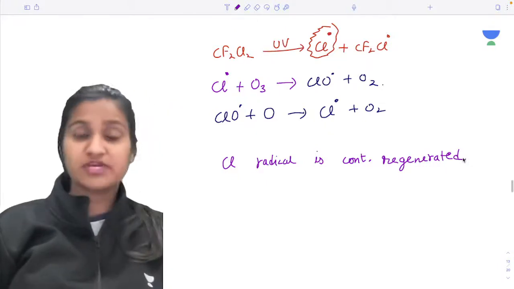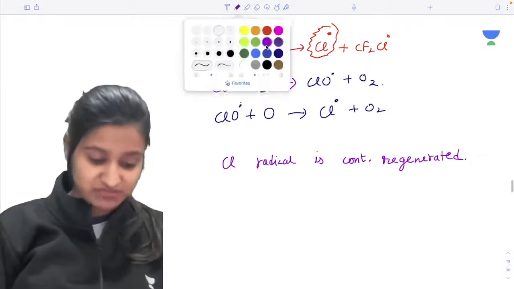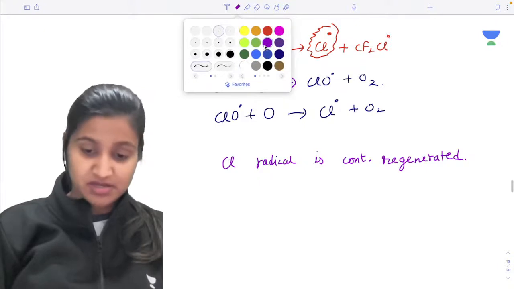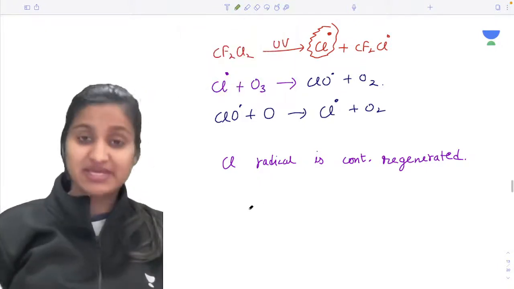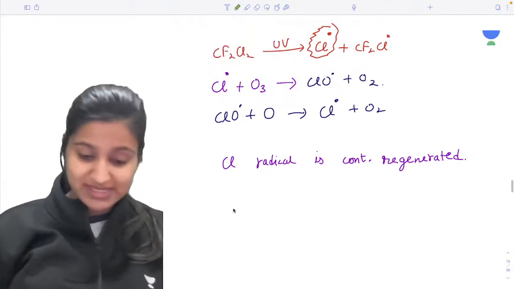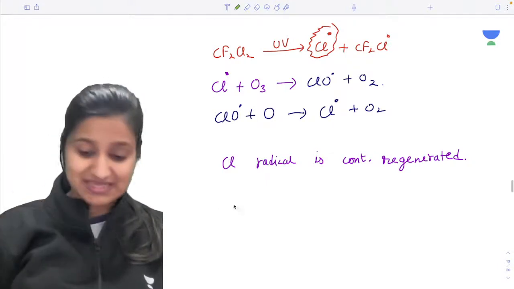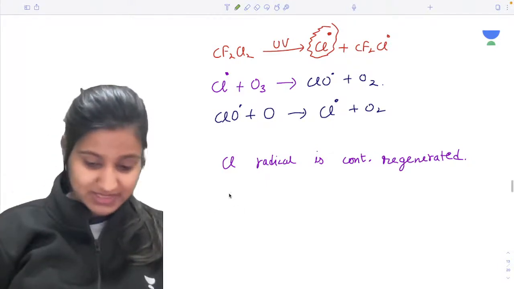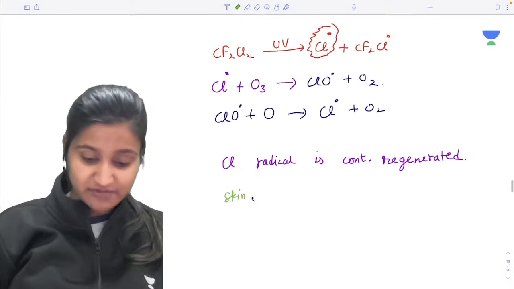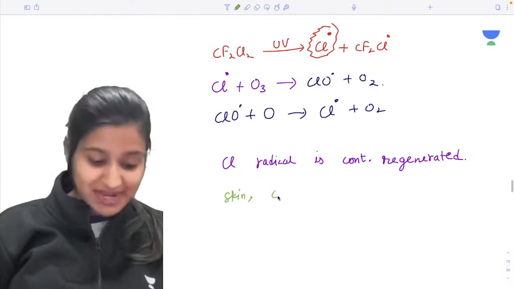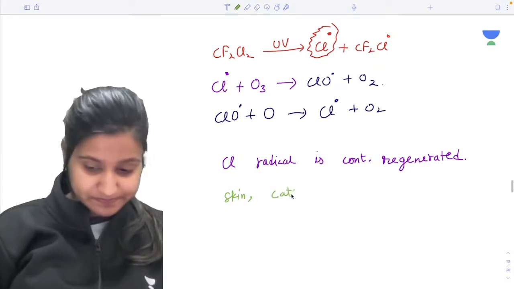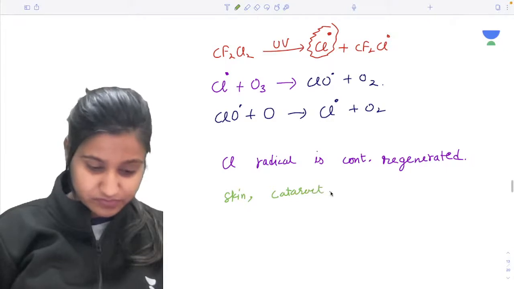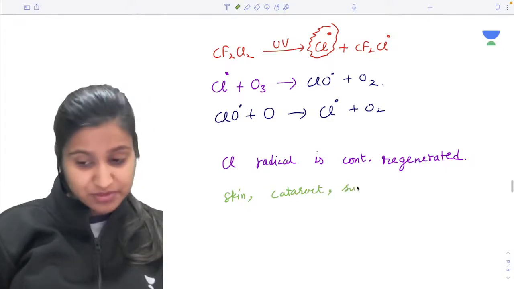If we talk about effects of ozone layer depletion, we have already discussed it. Okay, it can cause aging to skin, even skin cancer. You can say skin को बहुत ज़्यादा affect करेगा. Cataract हो सकता है. ठीक है, sunburn हो सकता है.